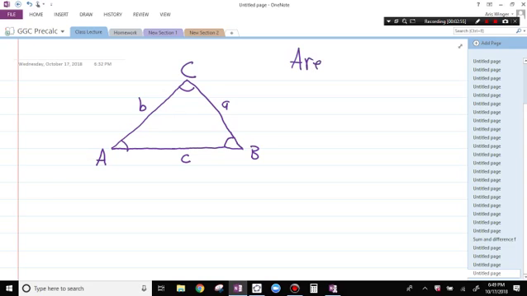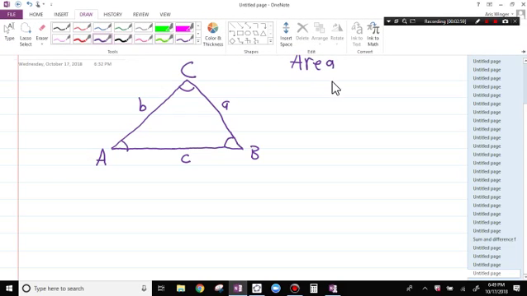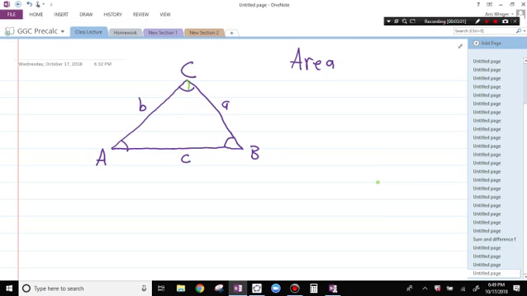In order to talk about the area of this, I need to know the height. There's the height right here. I need to know the altitude. The altitude is defined to be the length of the line segment from one of the vertices, in this case C, to the line that contains the opposite side.